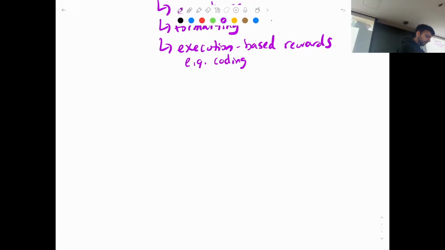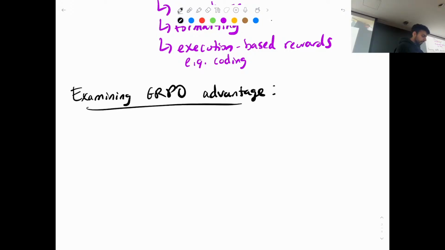All right, and in all of these cases, we'll assume a group size of 8. So for a given prompt, we will generate 8 rollouts.